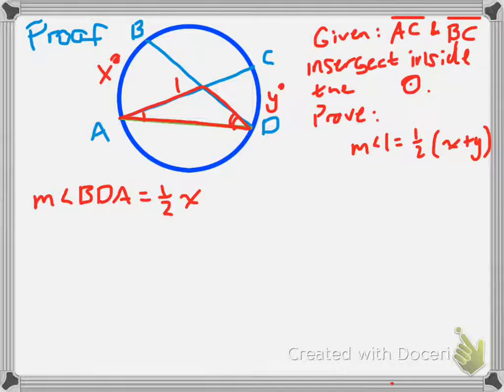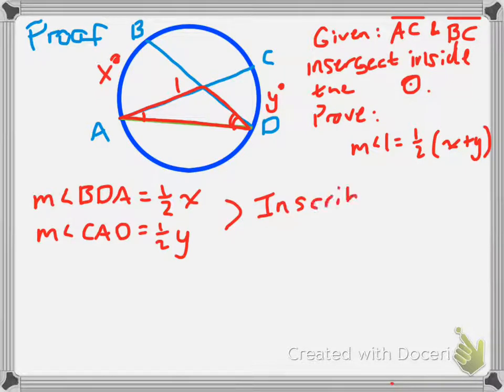Well, we do the same thing with angle CAD, so the measure of angle CAD is half of the arc that it creates. Angle CAD is here, so it's this angle I'm discussing there. It's half of the arc that it forms, which is arc Y, so it's half of Y. And the reason for that would just be the inscribed angles theorem.